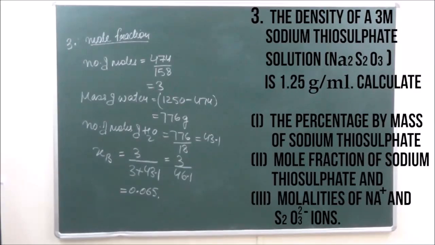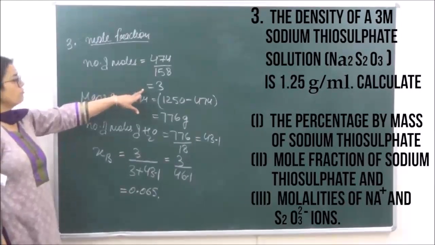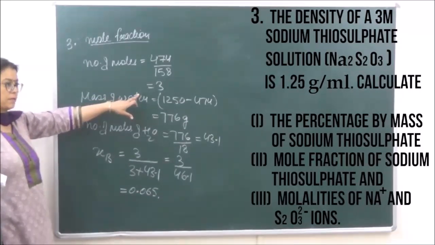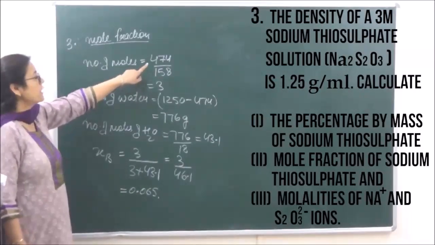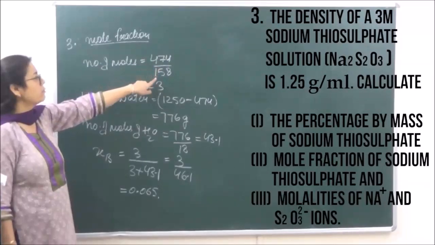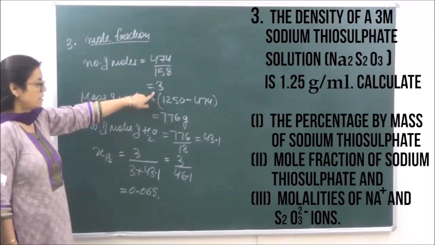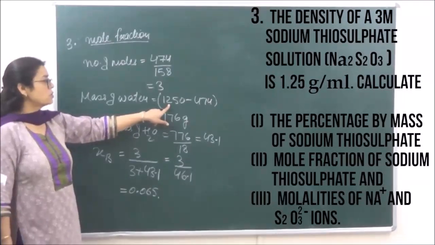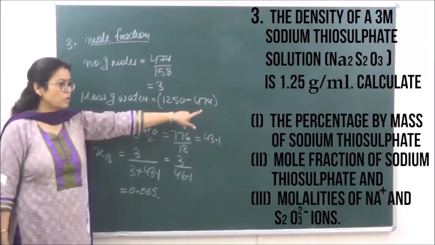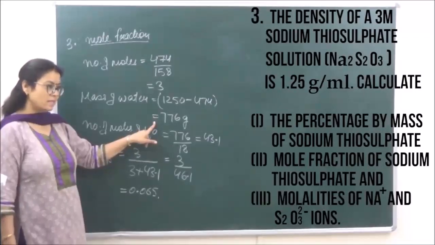Just see once again, to calculate the mole fraction, we have to know the moles of both the solute and the solvent. So here the number of moles of the solute is weight given upon molar mass, which is 3. And the mass of water we can calculate as mass of the solution minus mass of the solute, so it comes to 776.